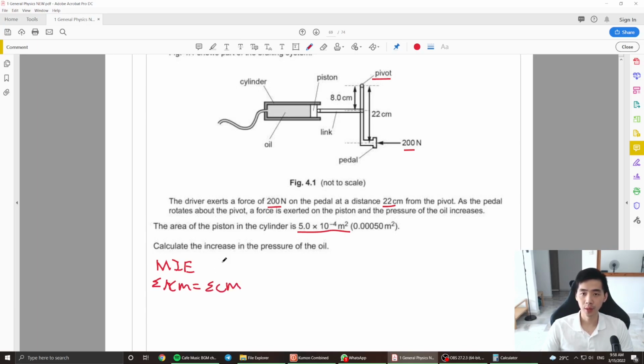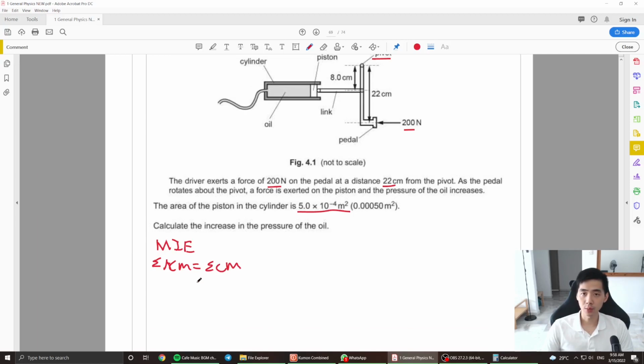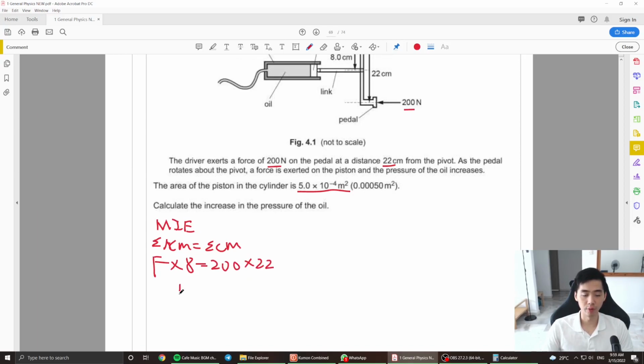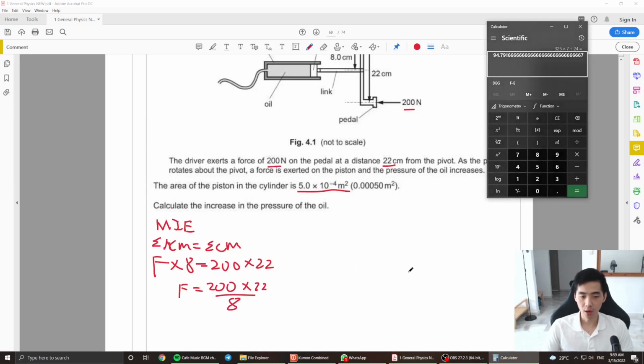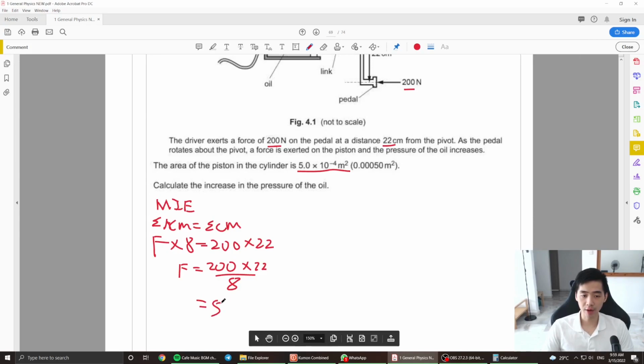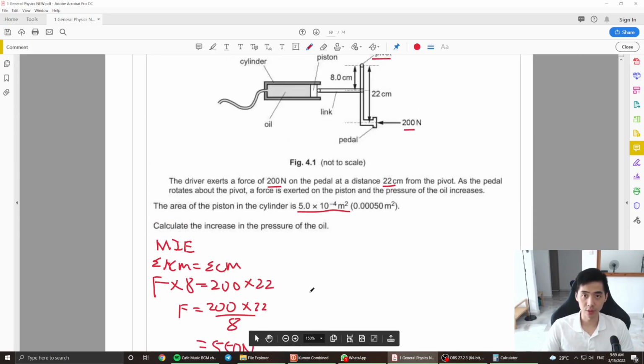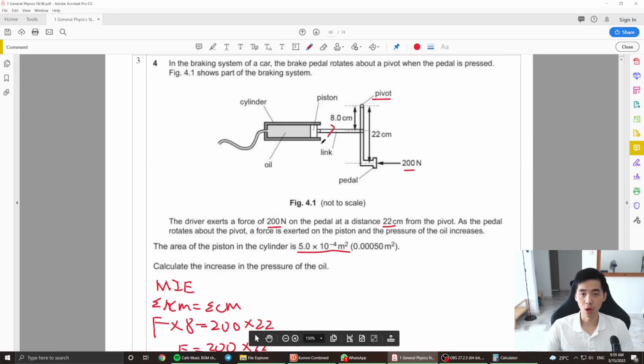From here, anti-clockwise moment will be force multiplied by 8 is equal to 200 multiplied by 22. From here, the force will be 200 multiplied by 22 divided by 8. Press that into your calculator. You're going to get a force of 550 newtons.